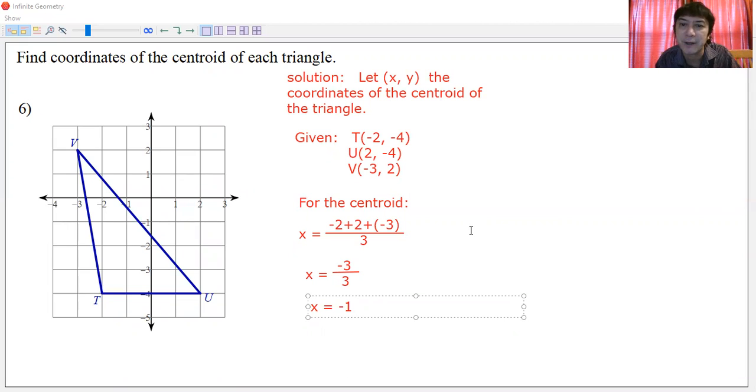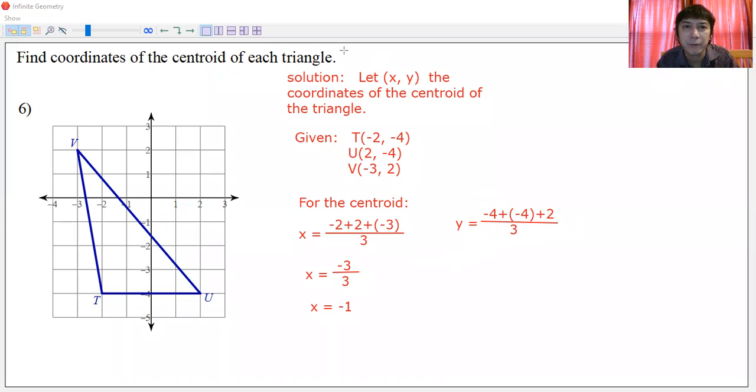All right, done with the x. Continue with the y. Let's use the next column. Y is equal to all the y's now: negative 4 plus negative 4 plus 2. We divide by 3 after getting the sum. How much is that? Negative 6, yes, negative 6 over 3.